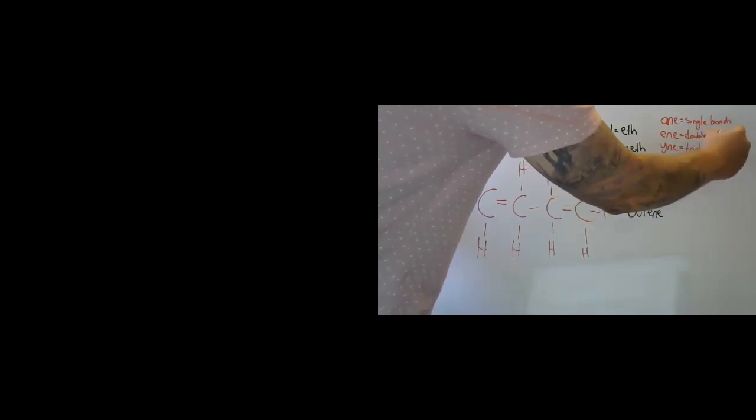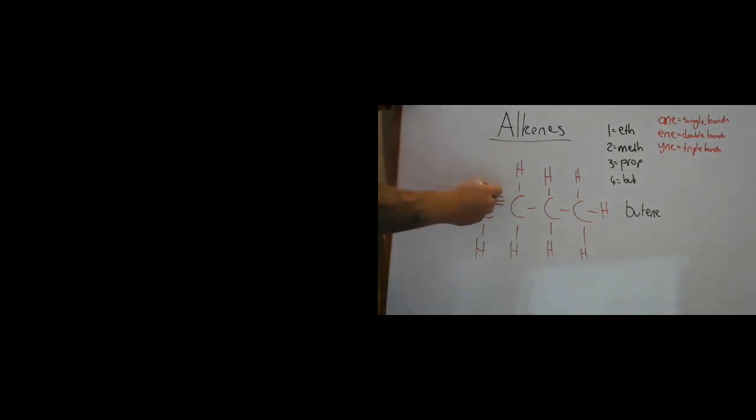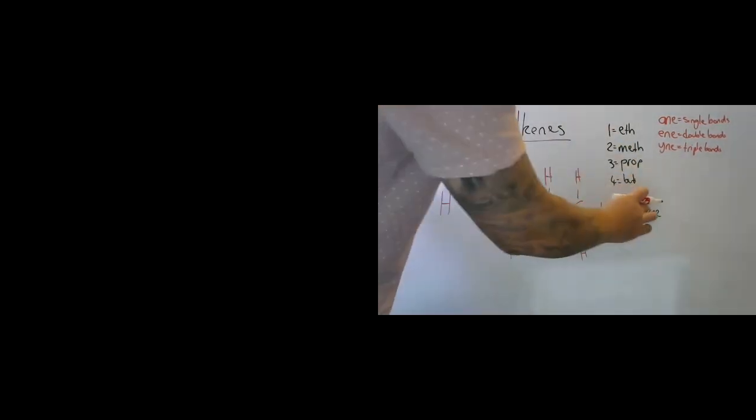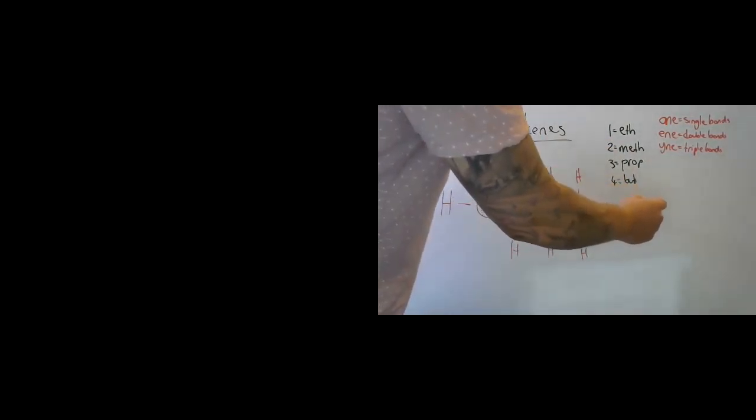Alkyne, triple. So if I was to get rid of this hydrogen and give it a triple bond, we call it butyne.